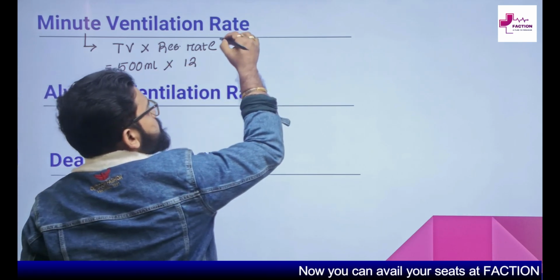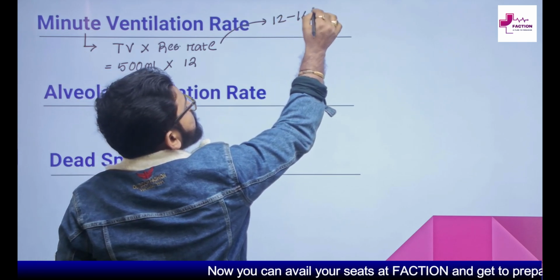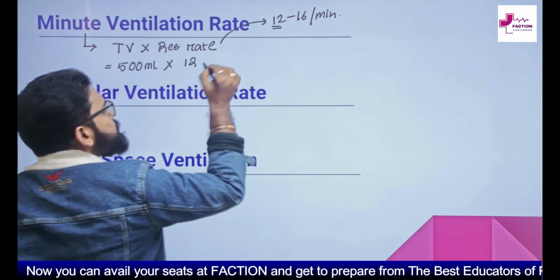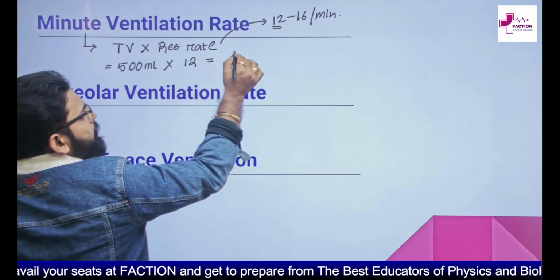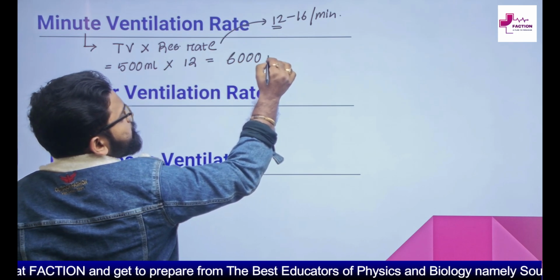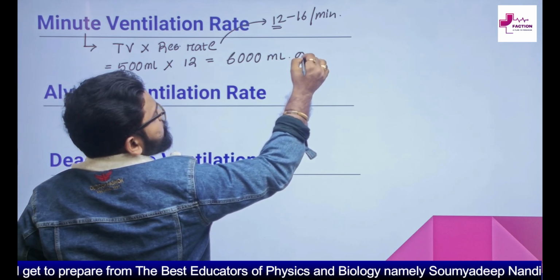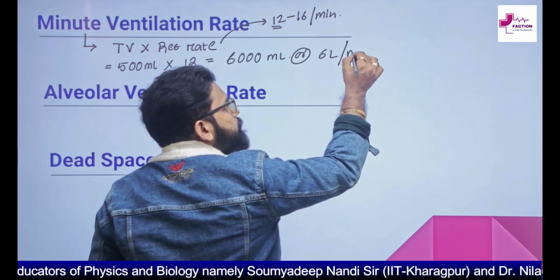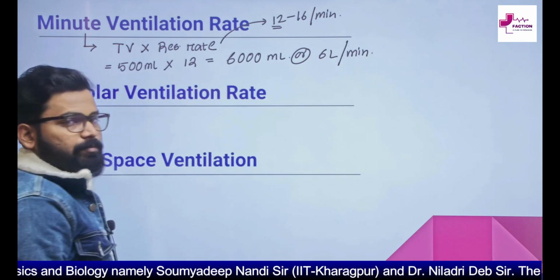So I am taking the respiration rate as 12. So this turns out to be 12 into 5, that is around 6000 ml, or you can say 6 liter. That is, this is the volume of air that comes into your lungs per minute.